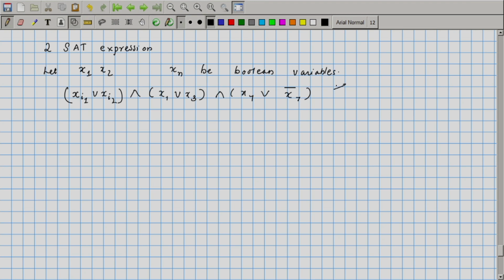So, an expression of this kind will be called a 2-SAT expression. Formally, this will be AND of ORs, okay, or conjunction of disjunctions. So, this is also called a 2CNF formula.